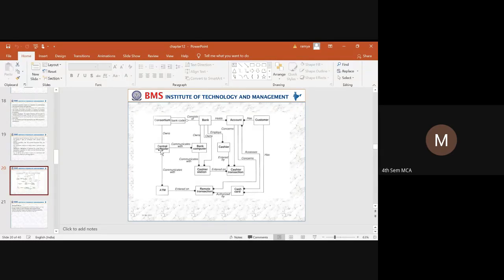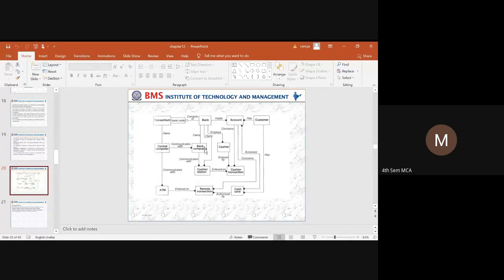That means in whichever bank and branch the customer has an account, with respect to his account, the details have to be updated. How will it be updated? By using the central computer. So this central computer will communicate with the bank computer.